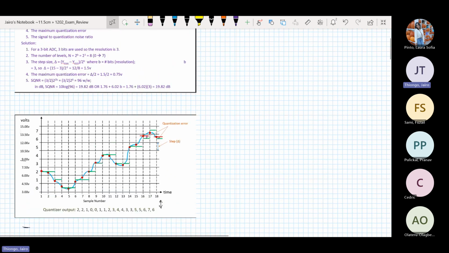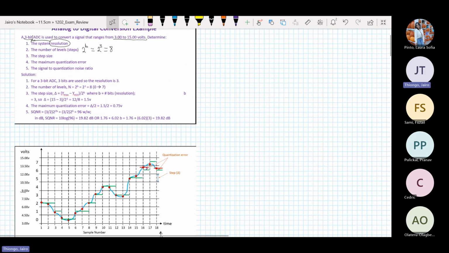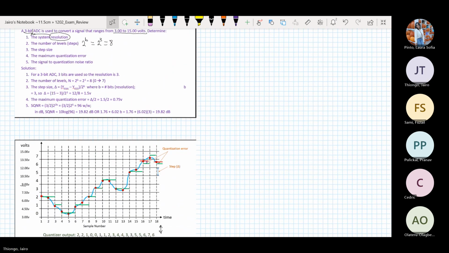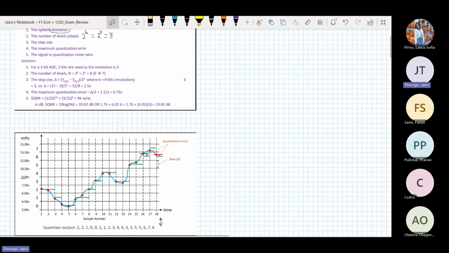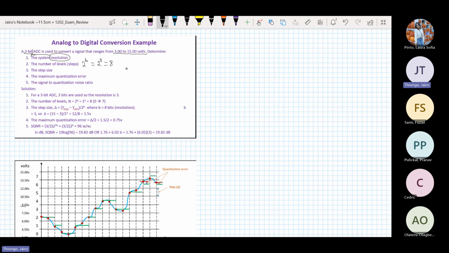For the step size, you have the maximum, 15, minus 3, over the number of levels. So 12 over 8, and you have that here as 1.5.